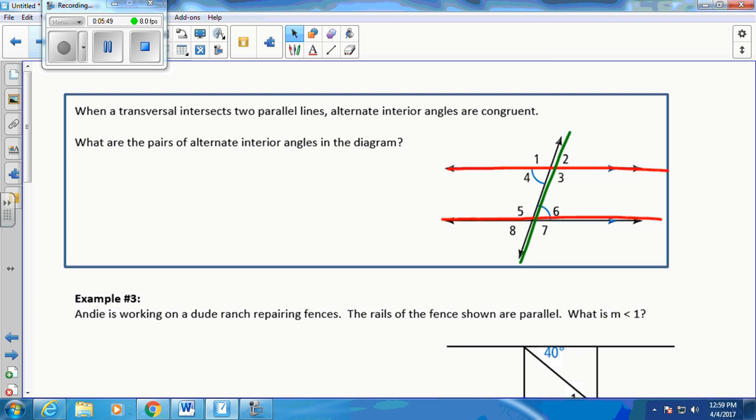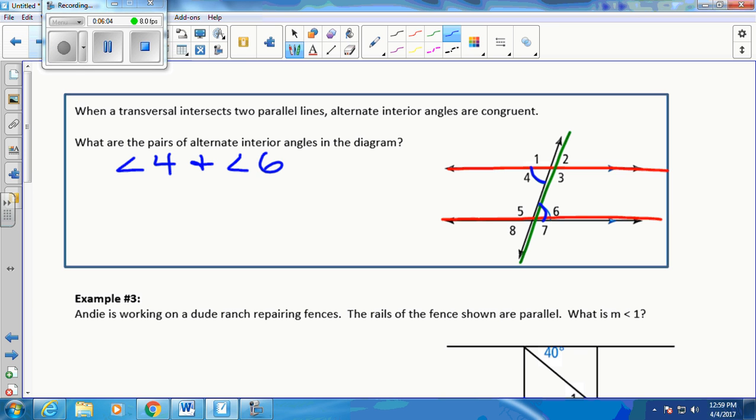And now if my transversal is cutting those parallel lines, my alternate interior angles are also congruent. So they are showing me that 4 and 6 are congruent, and because they are interior angles, they're inside the red lines, not on the outside, and they're on opposite sides of the green transversal. So the other angles that would be congruent are angle 3 and angle 5.